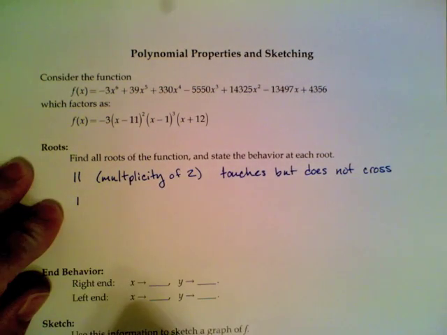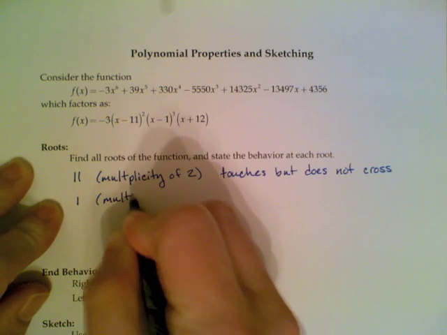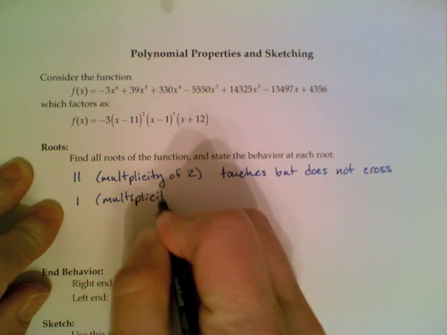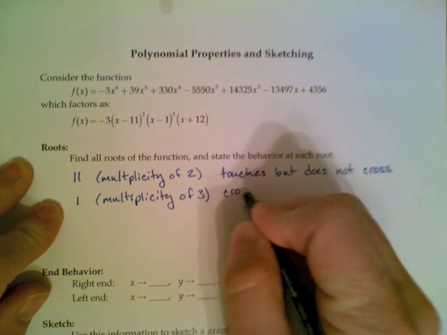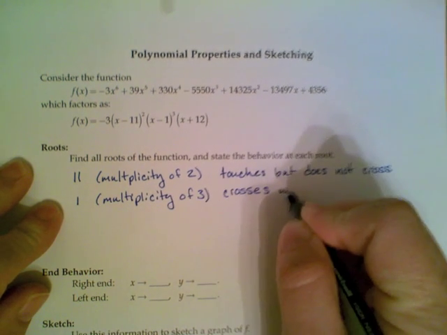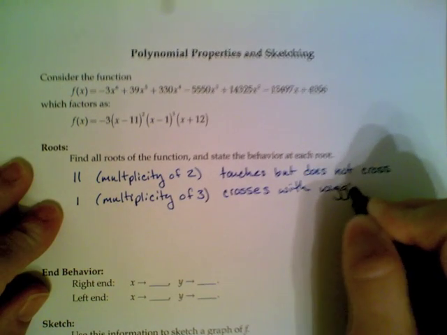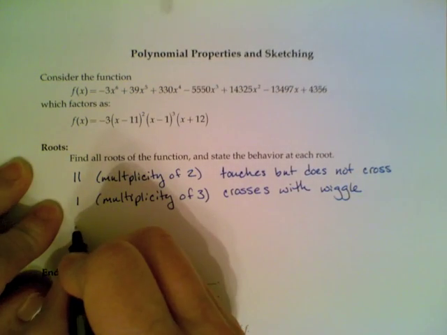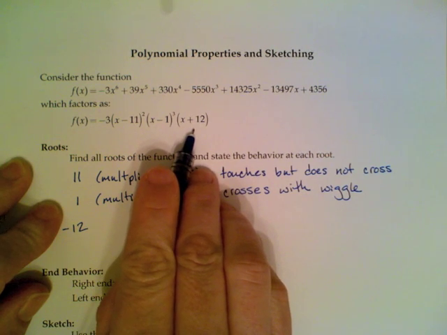Alright, our next root is 1. That has a multiplicity of 3. So this crosses with a wiggle. And finally, my last root is negative 12.